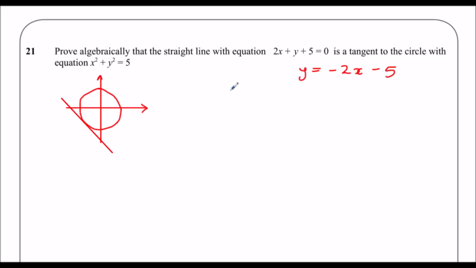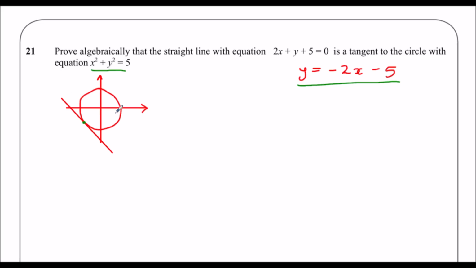We can prove that it's a tangent by trying to find the points of intersection. And the points of intersection we find by using simultaneous equations. So if we try and solve these two as simultaneous equations, and there's only one point where the line touches the circle, then we're only going to get one answer to our simultaneous equations.